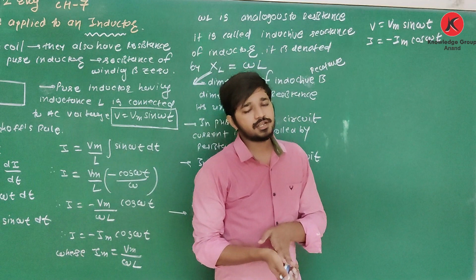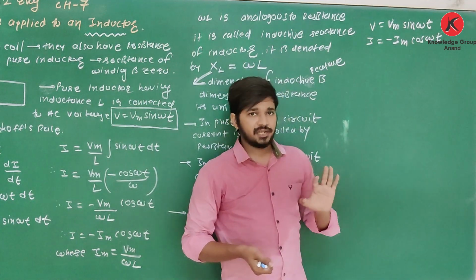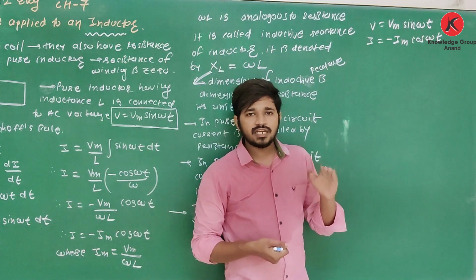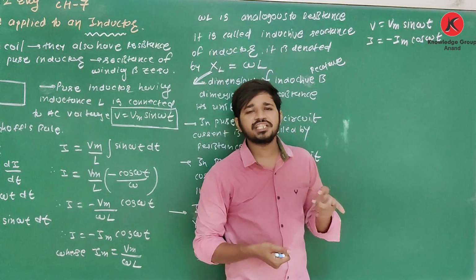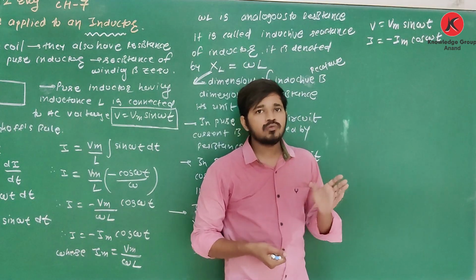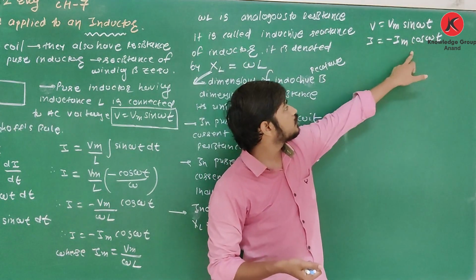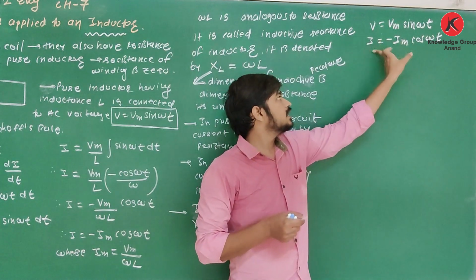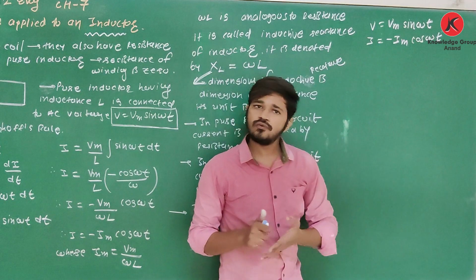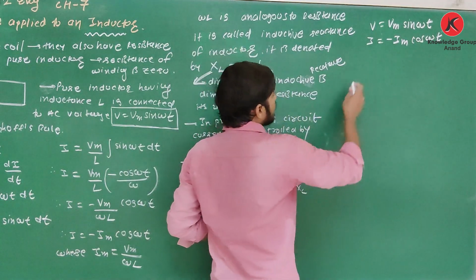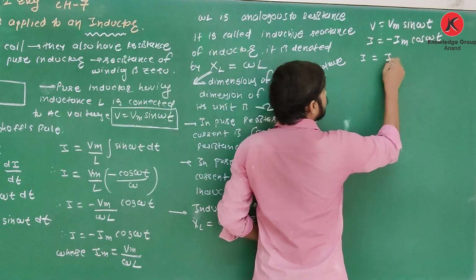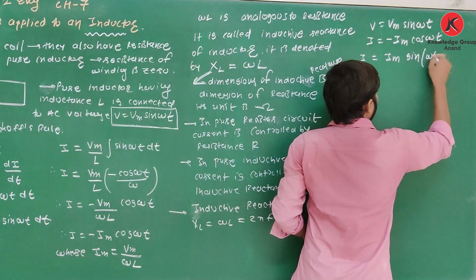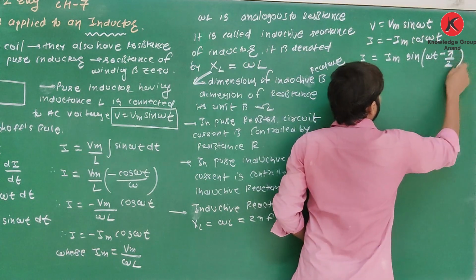Now, see carefully. V is function of sine. I is function of cos. To obtain relation of phase between voltage and current, you have to convert these two in same function. Means if voltage is function of sine, convert current also as function of sine. So how to write this? Yes, you can write this as I is equal to Im sine omega t minus pi by 2.